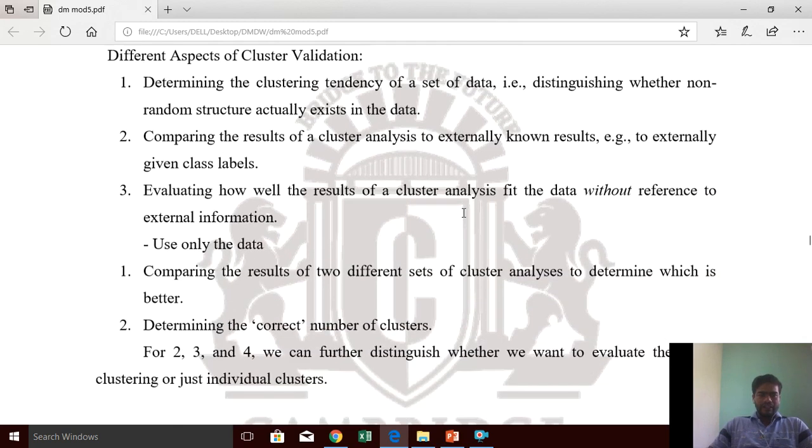Different aspects of cluster validation. First, determine the clustering tendency of a set of data, that is, distinguishing whether a non-random structure actually exists in the data.